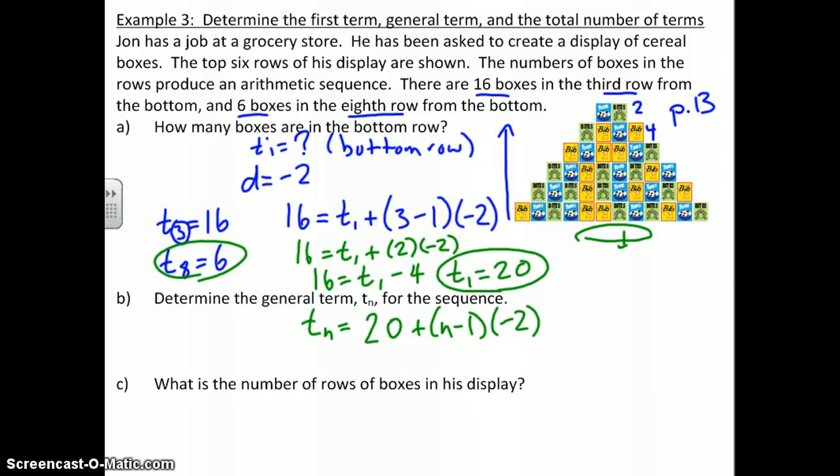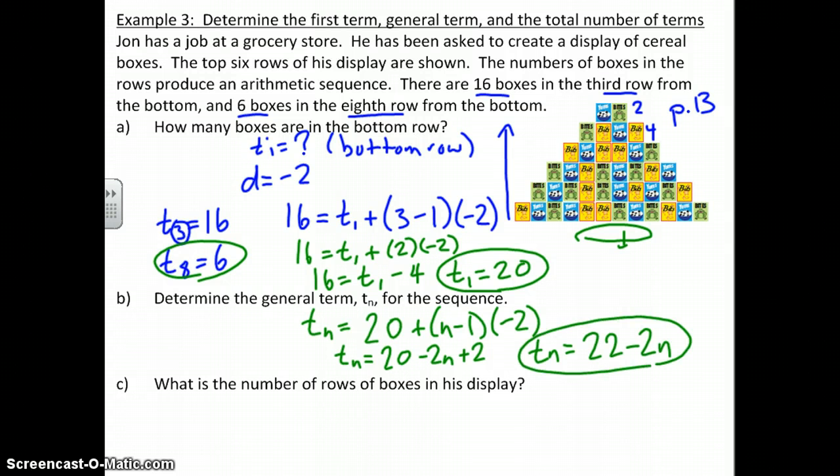We could leave it like that, but we should simplify it. So that becomes 20 minus 2n plus 2, which simplifies to 22 take away 2n. So there is our general term.